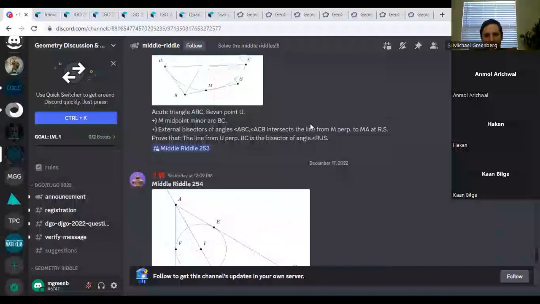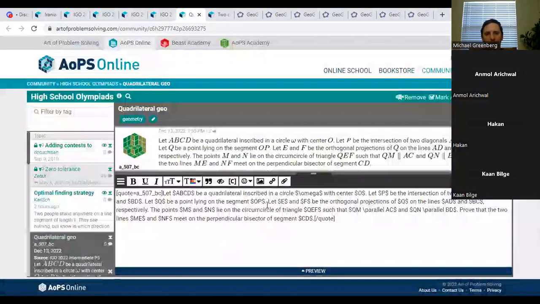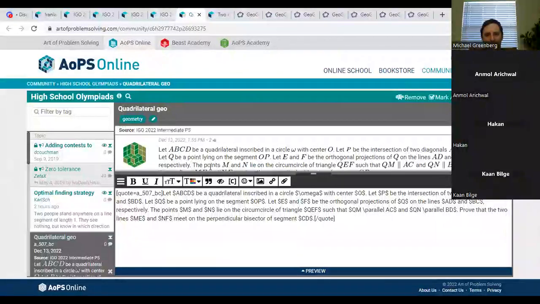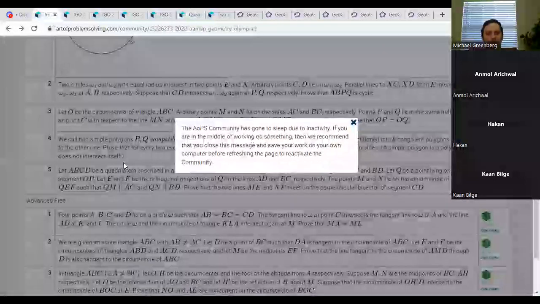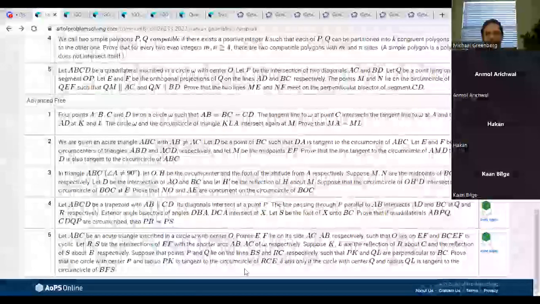Let's see, P5 of the IGO. We can try it. So I think it's this problem, right? Oh, but this is the intermediate P5, not the advanced P5. I'm guessing you want to do the advanced P5, right?